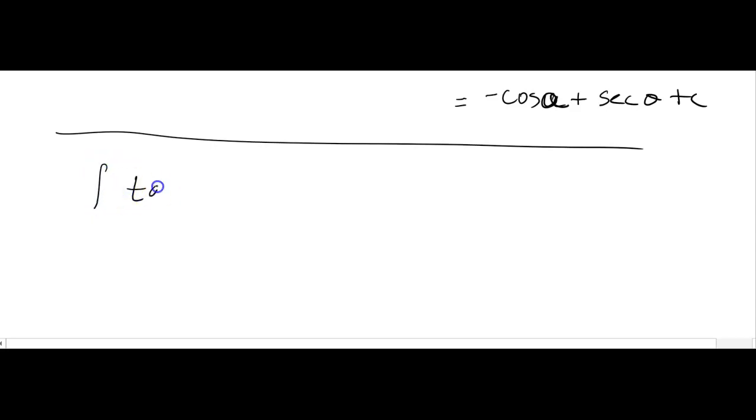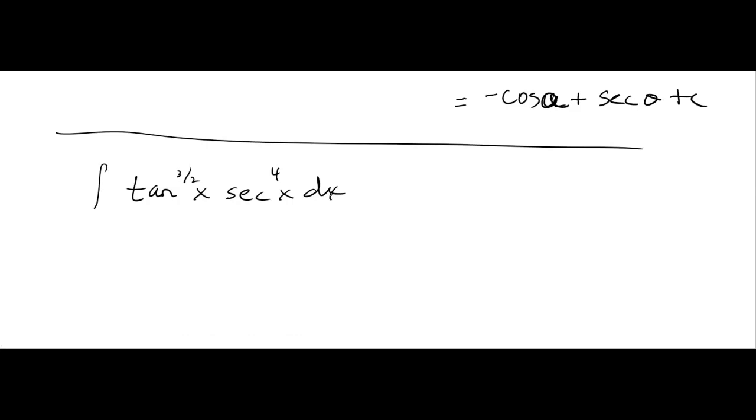Let's do the integral of tan of 3/2 x secant of 4x dx. All right, so write it out, take a look at it, and let's think about this. So that tan 3/2 x, that's just a little bit of a nightmare. We're going to leave that as it is. Let's play around with the secant.